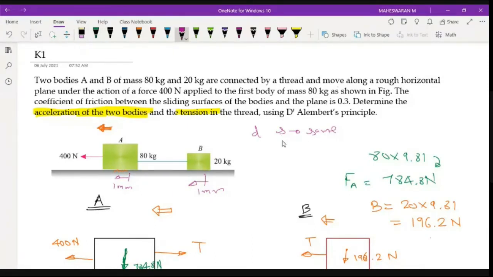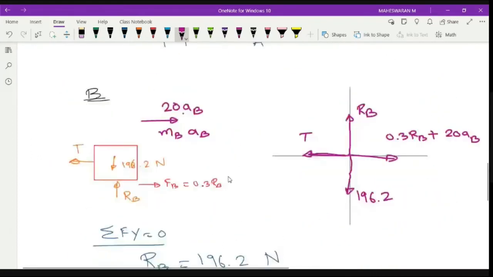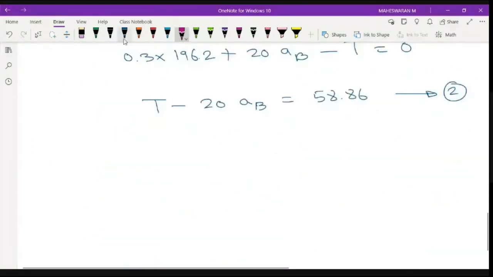If your displacement is the same, what about your velocity? ds by dt is your velocity, so it will also be the same. Similarly, acceleration is also the same, right? So you have to identify based on distance. If I move 1 mm, both will move the same 1 mm, and in that case velocity and acceleration are all the same. So I can say that aA is equal to aB.